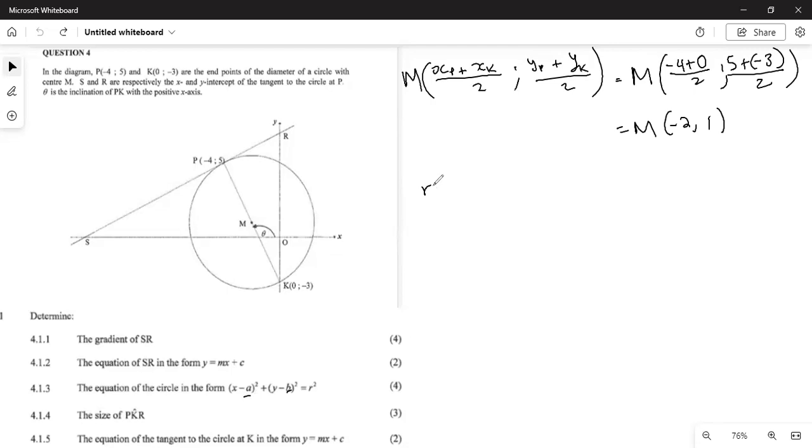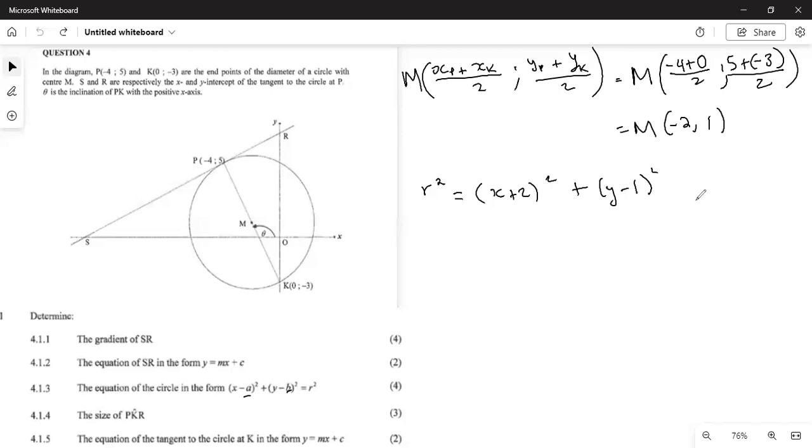You would have r² is equal to (x - -2)², we have a minus a negative, so that's going to give us a positive, plus (y - 1)².